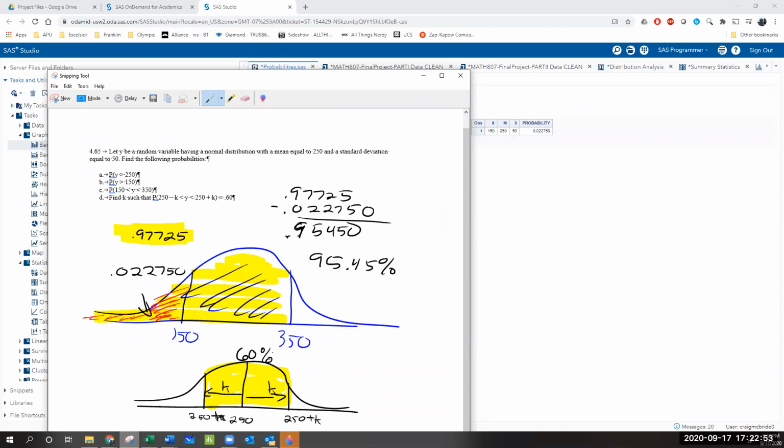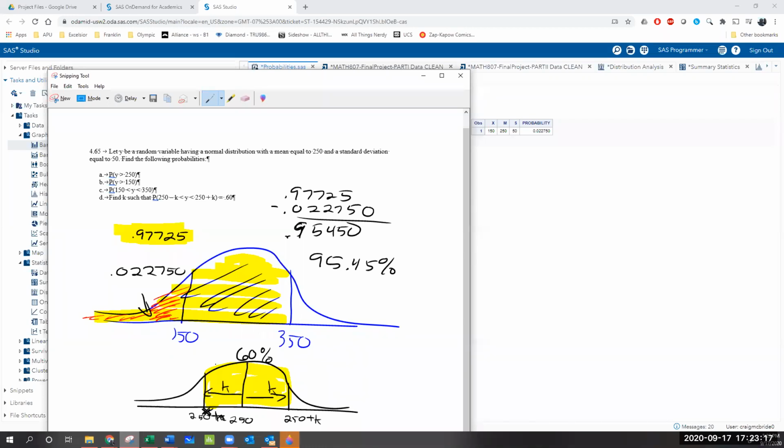Okay, well, how do we actually calculate this value? We're looking for an unknown, like for instance, we're looking for this x. We want to know this value. Well, if this has 60% in the yellow stuff, how much is left over underneath the whole curve? And this is not a trick question.